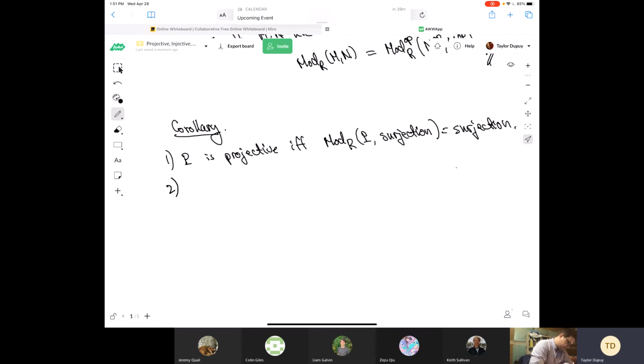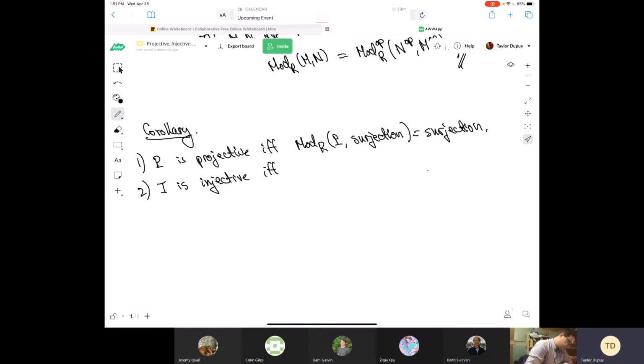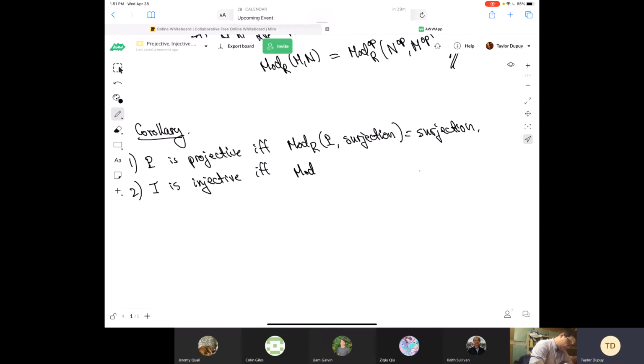And two, I is injective if and only if Hom_R(-, I) of an injection is a surjection.